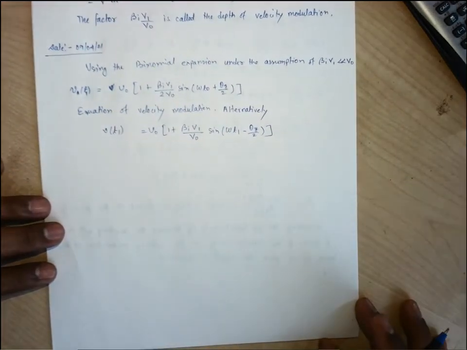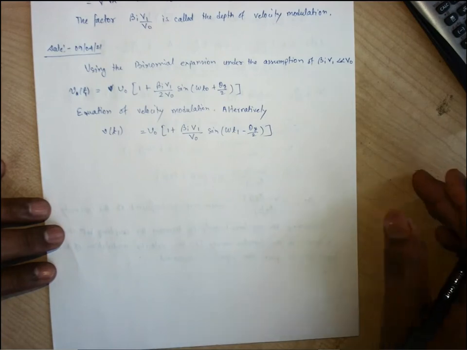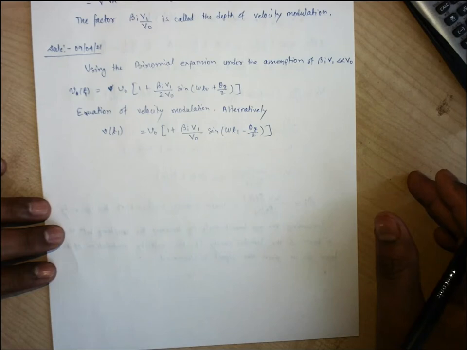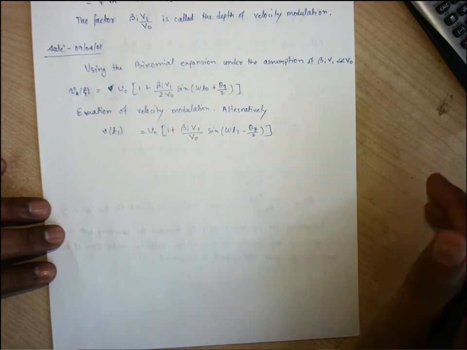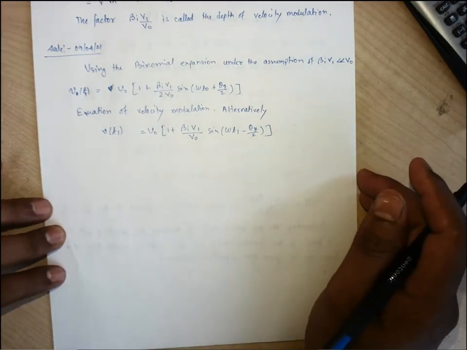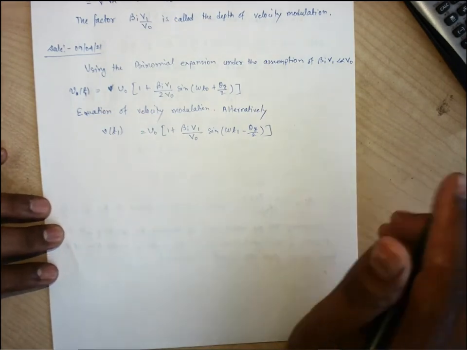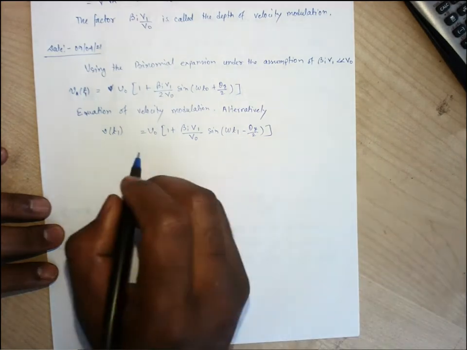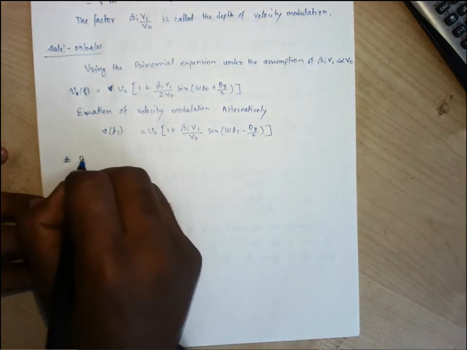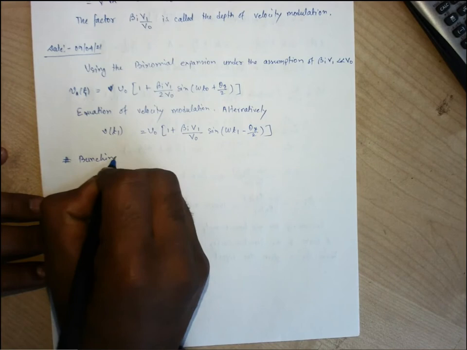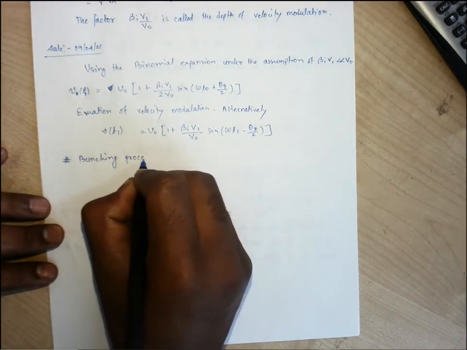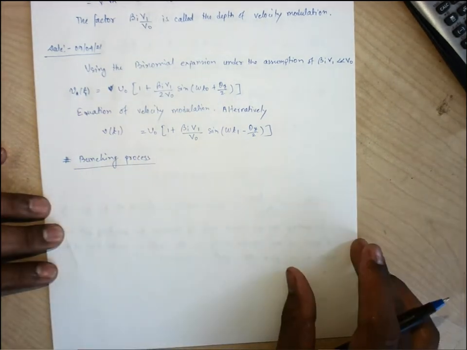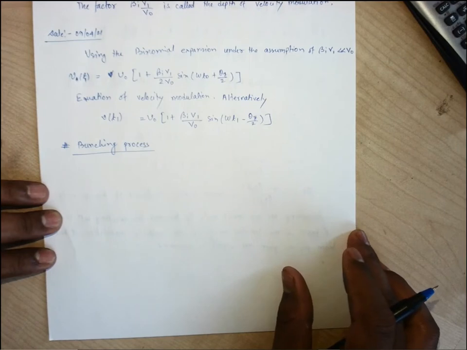We have explained how these bunches occur: different electrons move with different velocities, and when they drift over the drift space, they meet together to form the bunch. So let us see through a mathematical expression how this bunching process goes on.